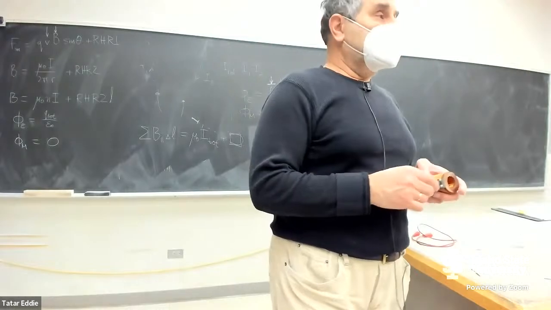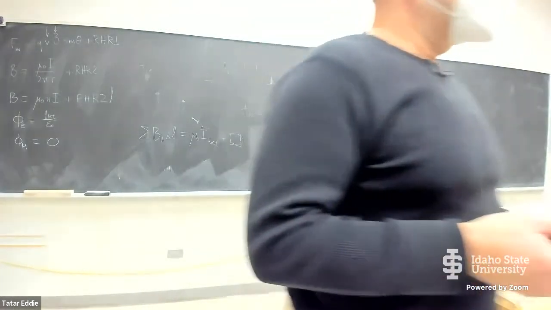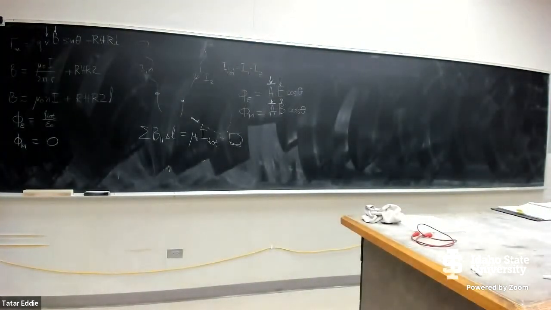If you take any piece of metal conductor and you move it in a magnetic field, the experiment shows that voltage is generated in this moving piece of metal.